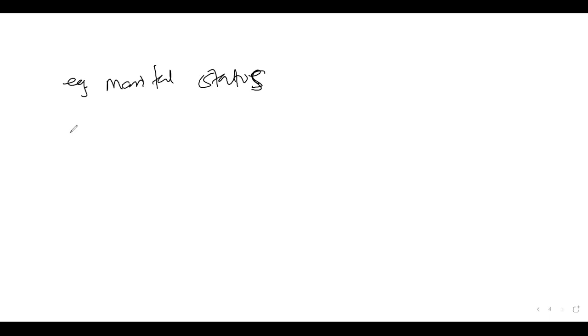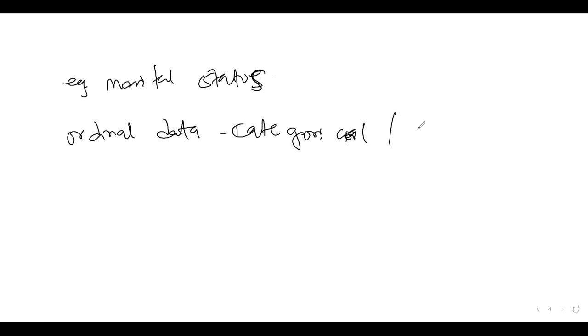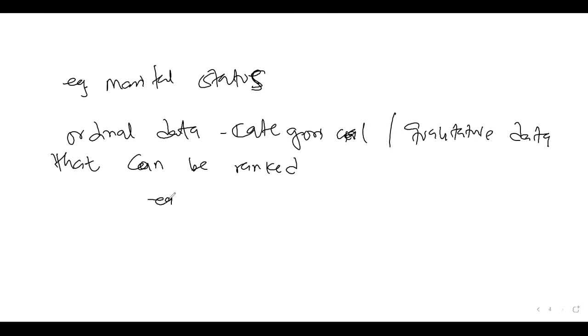So ordinal data, therefore, is categorical or qualitative data that can be ranked. Example, marital status. Another example is position at the end of semester.